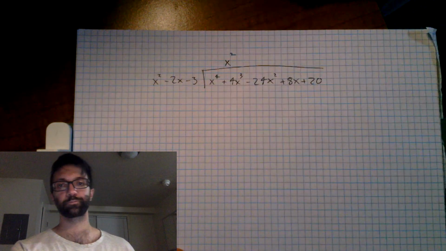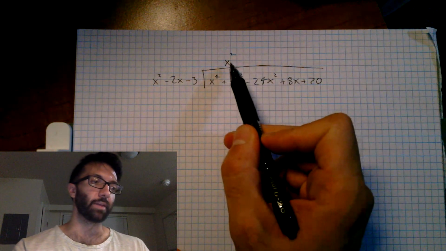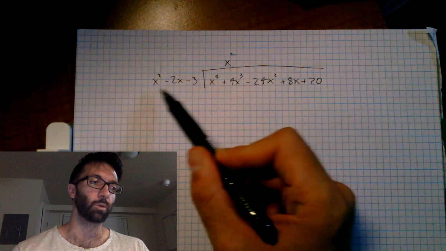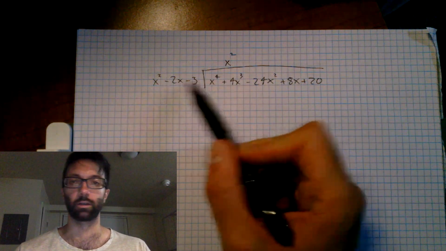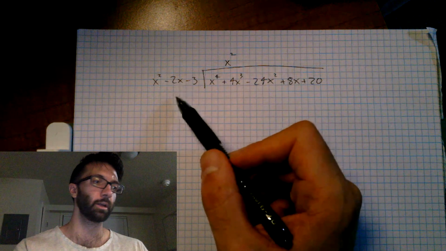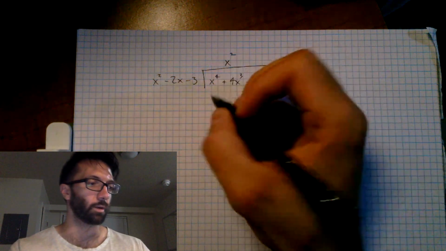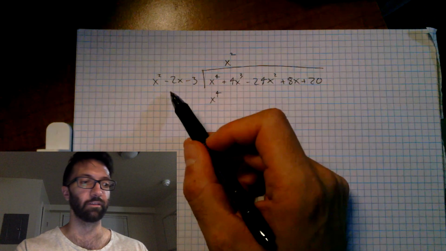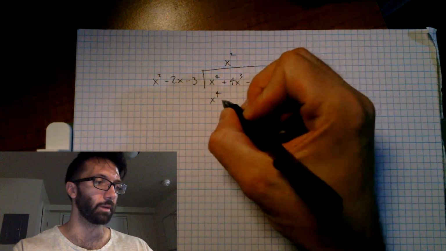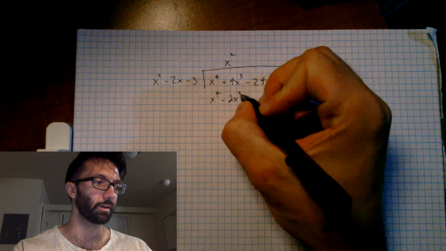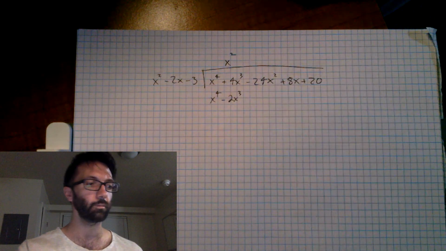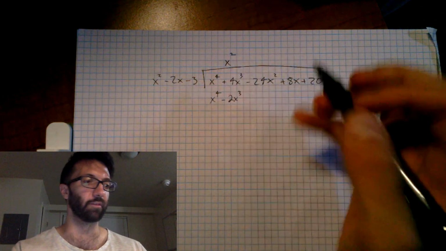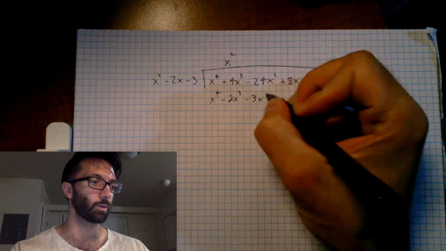Then you multiply that x squared through the three terms of your divisor. So x squared times x squared is x to the fourth. X squared times negative 2x is going to be minus 2x to the third. And then x squared times a negative 3 is going to be a negative 3x squared.